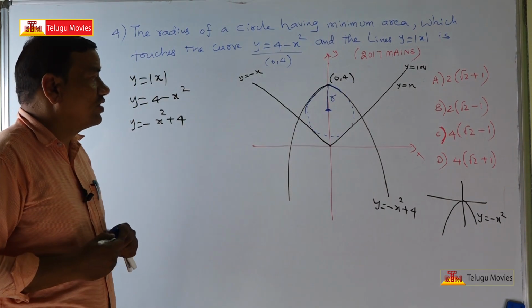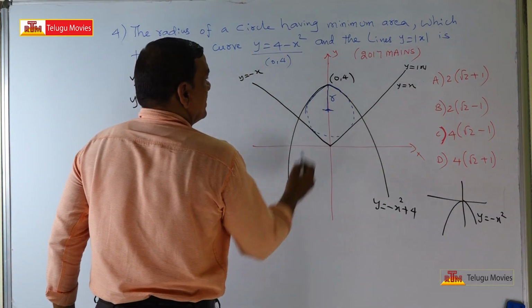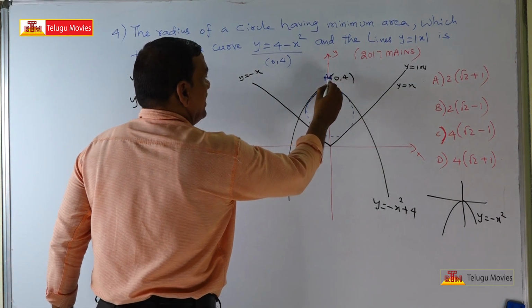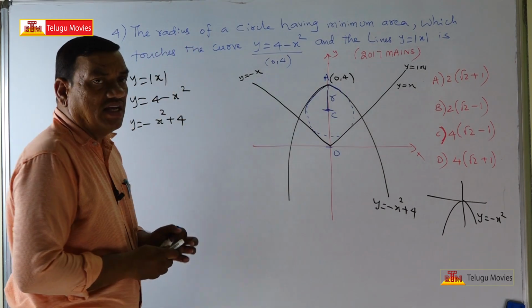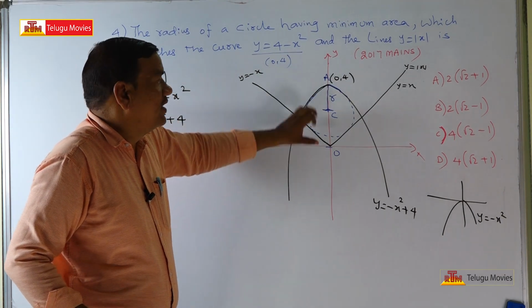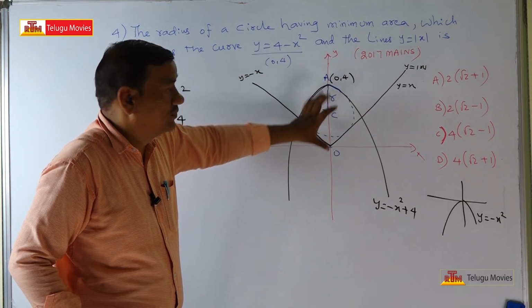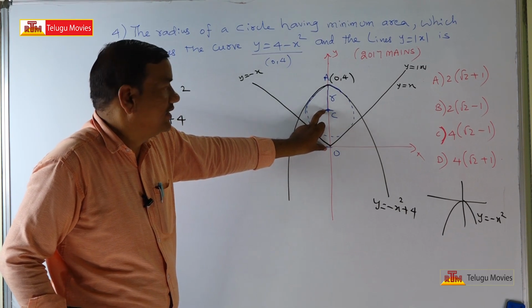Let us try to find the center. Call this A, this C, and this O. What is the length of OA? It is 4 units. We want OC, the y coordinate.